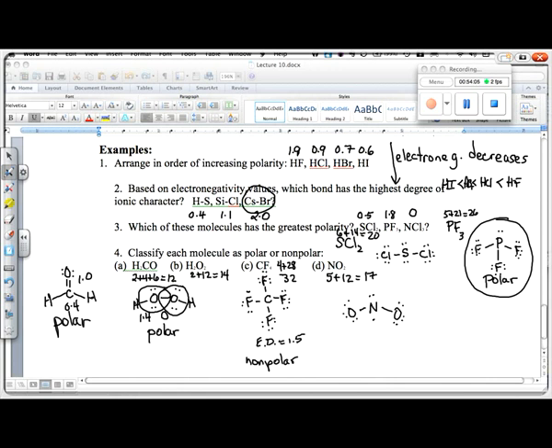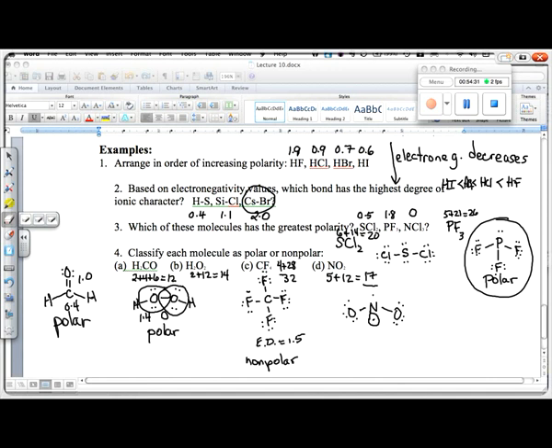This is the only time you can have this situation, is when this number here is odd. 2, 4, 6, 8, 10, 12, 14, 16, 17, 18. 2, 4, 6, 8, 10, 12, 14, 16, 18, 19. So I have 2 too many, and I do have 2 elements here that can double bond.